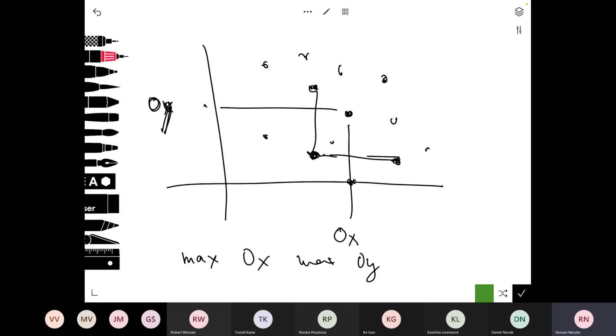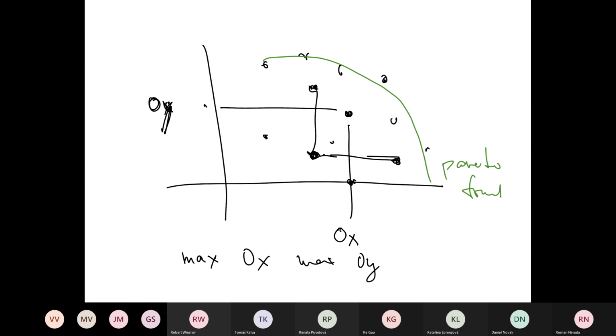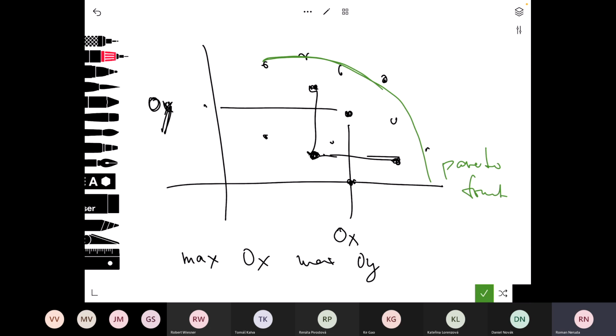So then it's sort of obvious that out of those possible candidates, we are identifying these guys, and they are called the Pareto front. And they represent sort of optimal solutions. Why is that, right?